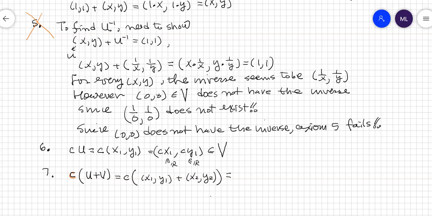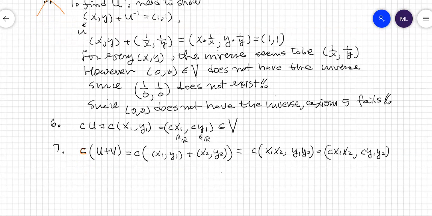What is this one? It is c(x1x2, y1y2), but by the second definition this is (cx1x2, cy1y2).